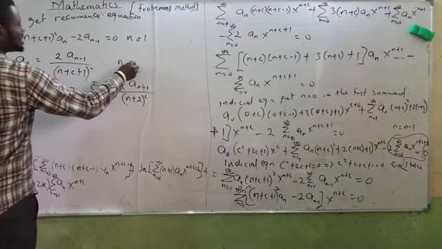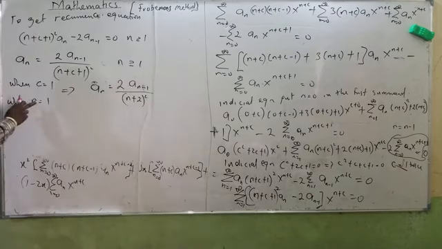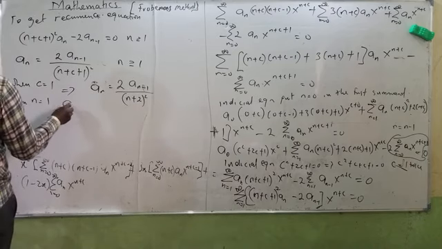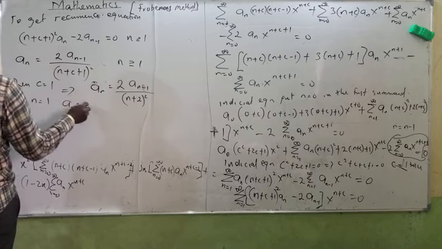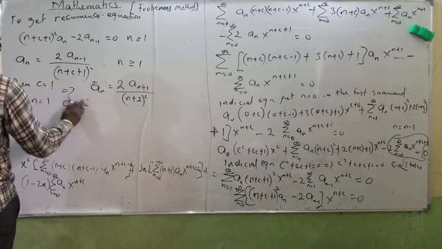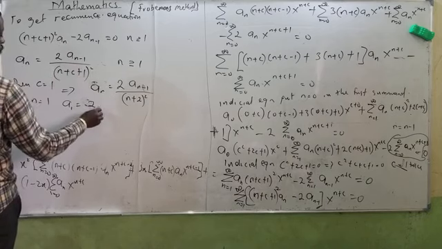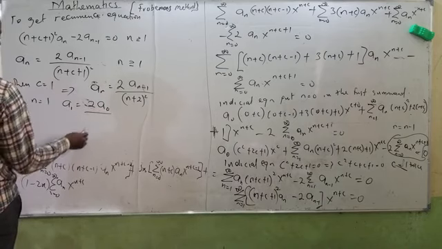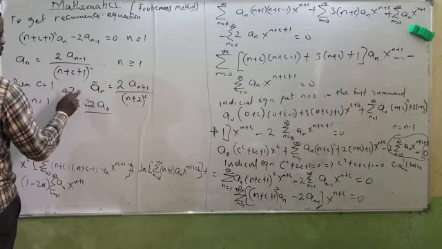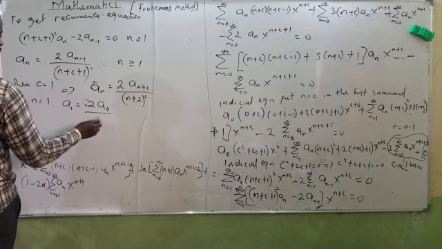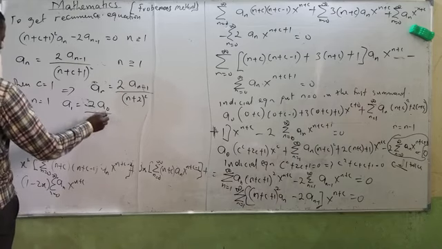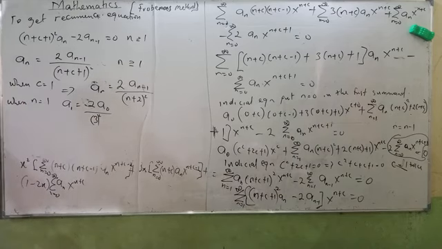Don't forget that my n is greater than or equal to 1. When n equals 1, my a1 will be equal to 2a naught divided by 1, 1, 1, which will be 3 squared.